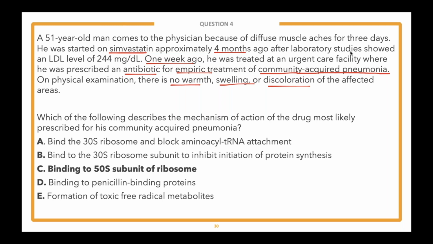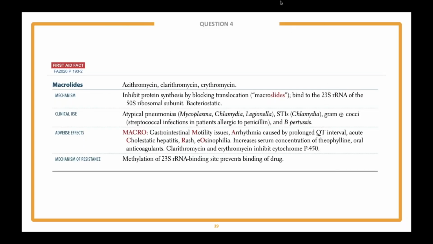If we flip to the page where we talk about macrolides, this is either going to refer to erythromycin or clarithromycin. You can see in adverse effects, there's a nice mnemonic, macro. In addition, remember that it inhibits cytochrome P450. Azithromycin won't, but he must have been put on either clarithromycin or erythromycin.